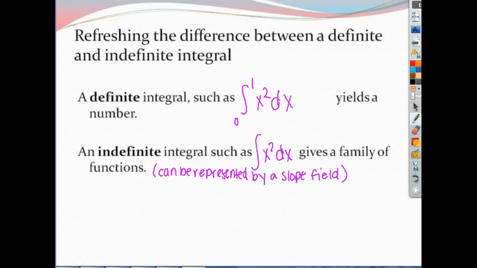An indefinite integral has no upper or lower bounds and yields what we call a family of functions. An indefinite integral is the case where you have to put a plus c. An indefinite integral can be represented by a slope field, which we're going to look at next week.